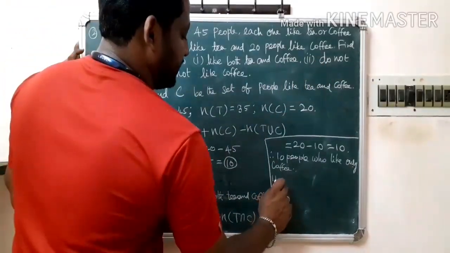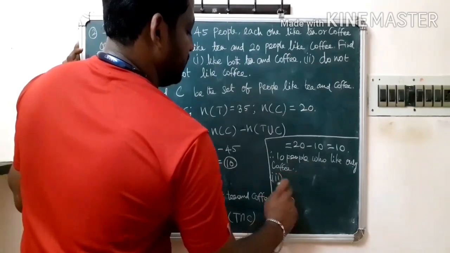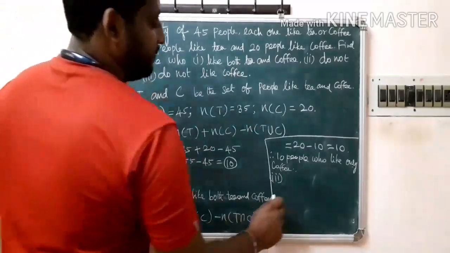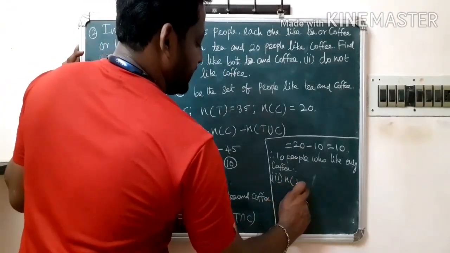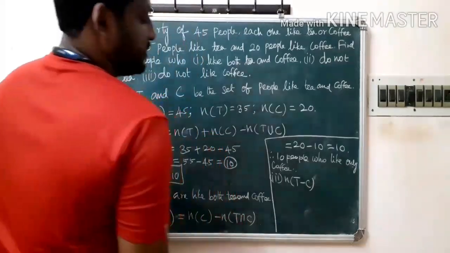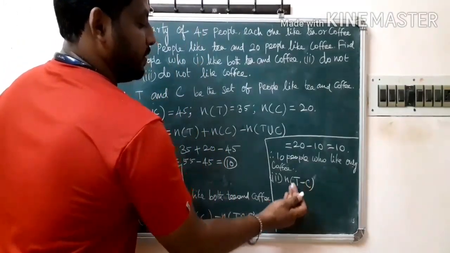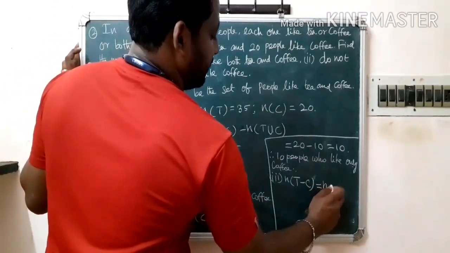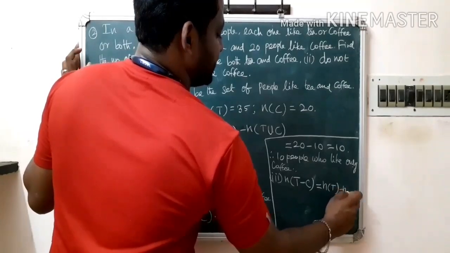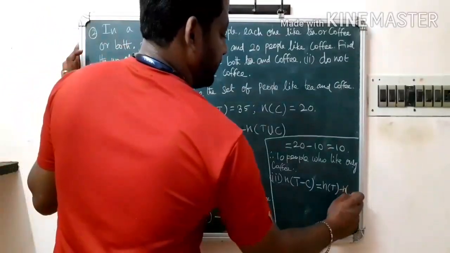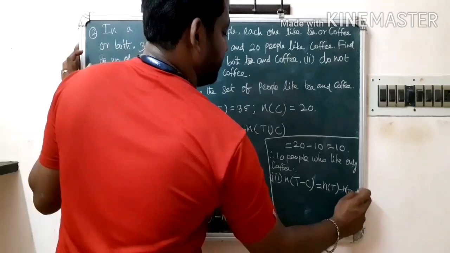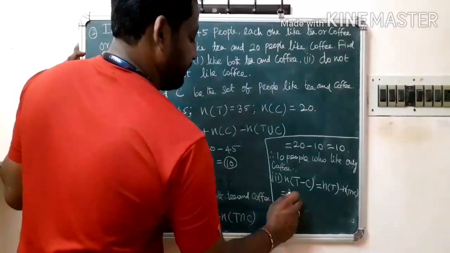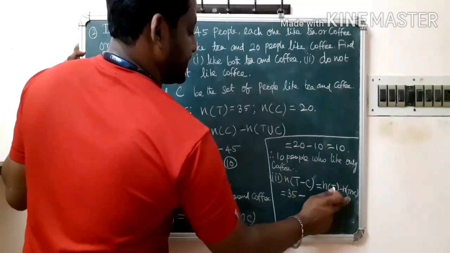And then the third one is the people who do not like coffee. That means they like only tea. So n of P difference C. We have to differentiate the people who like only tea compared with coffee. That means n of P minus the intersection part, n of P intersection C, which is equal to n of T is 35 and the intersection part is 10.